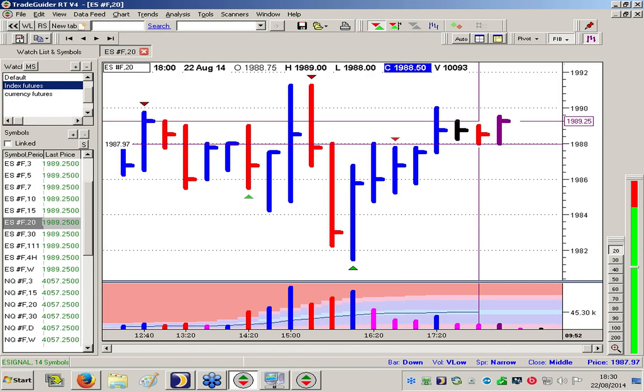On the subject of tests, do you want the test to go into the volume bar? Don't start getting technical. Don't start saying, oh, will it do this, will it do that? A test is a down bar, narrow spread. Volume is less than the previous, usually less than the previous 2 bars.